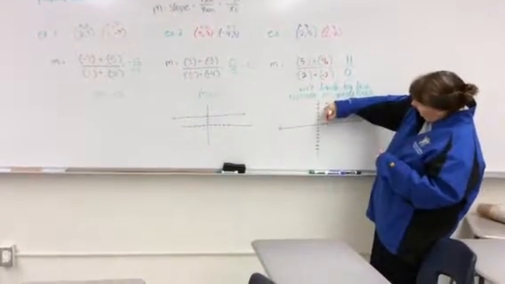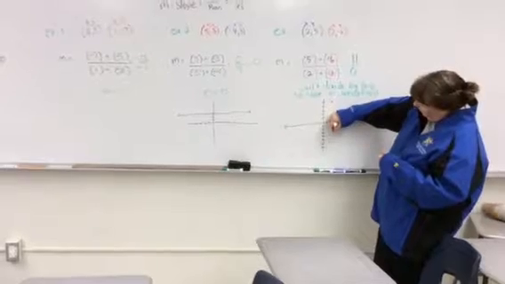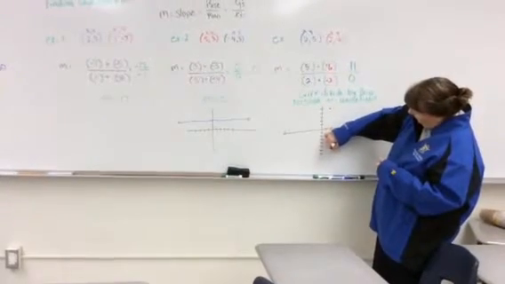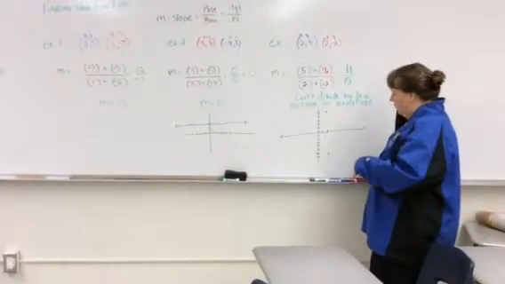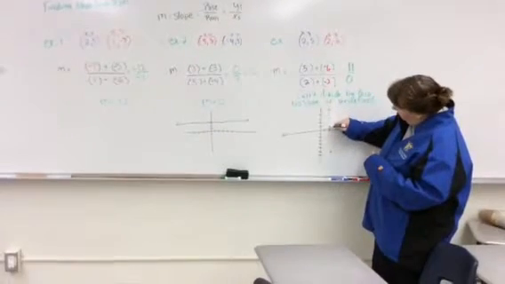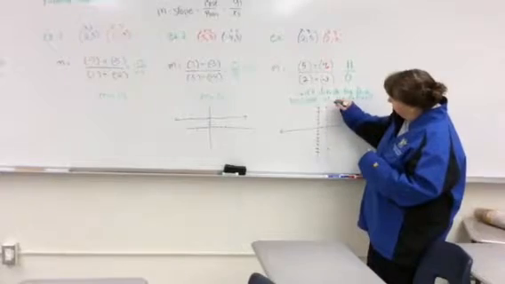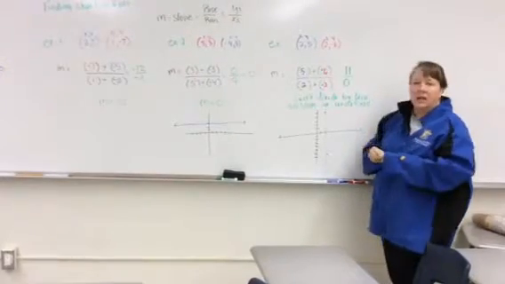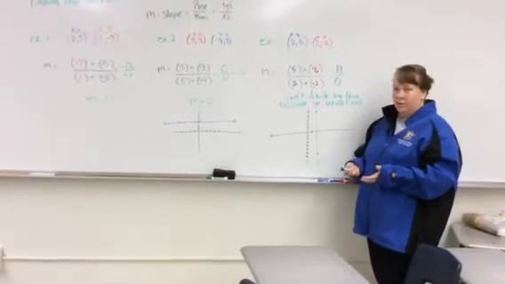And 2, -6, 1, 2, 3, 4, 5, 6 would be right here. So those are our 2 points, and then our line would be just like that. And so that's what a line that has no slope or undefined slope is.